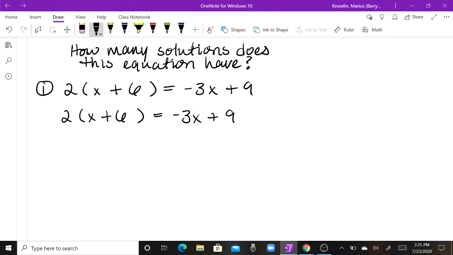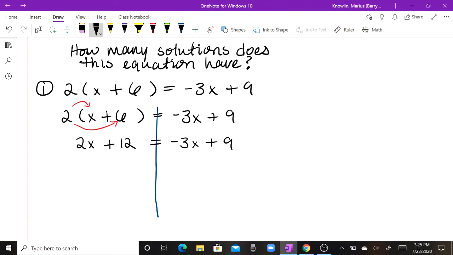And remember, we're going to be focusing on what the answer looks like to determine if it has one solution, no solutions, or infinitely many solutions. All right, let's begin to solve. We have to distribute over here. That's going to give us 2x plus 12 equals -3x plus 9.